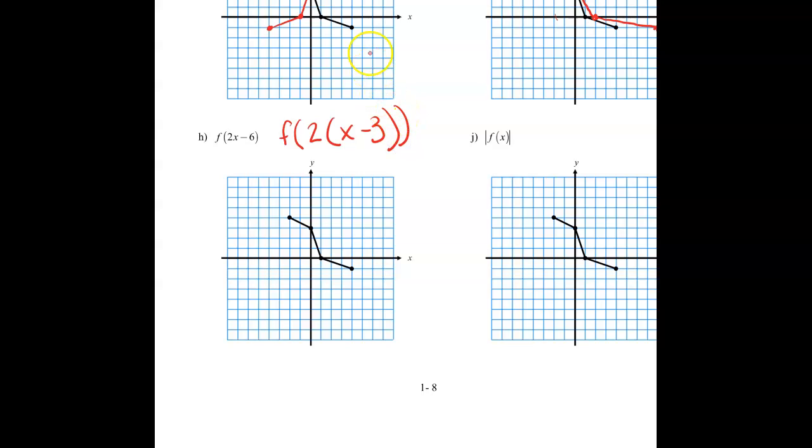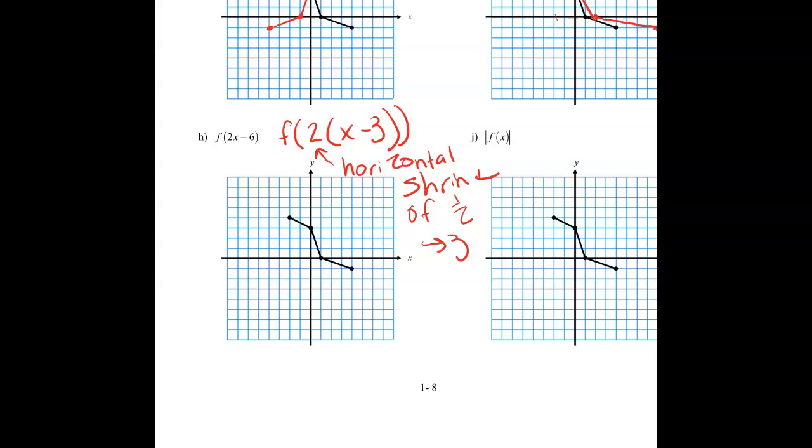Alright, so what does this tell me? Well, that 2 is technically still inside of my function, so it's going to be a horizontal shrink of a half. And then that minus 3 is still going to shift my function right 3. So, Ms. Schuessler, what the heck is actually happening?